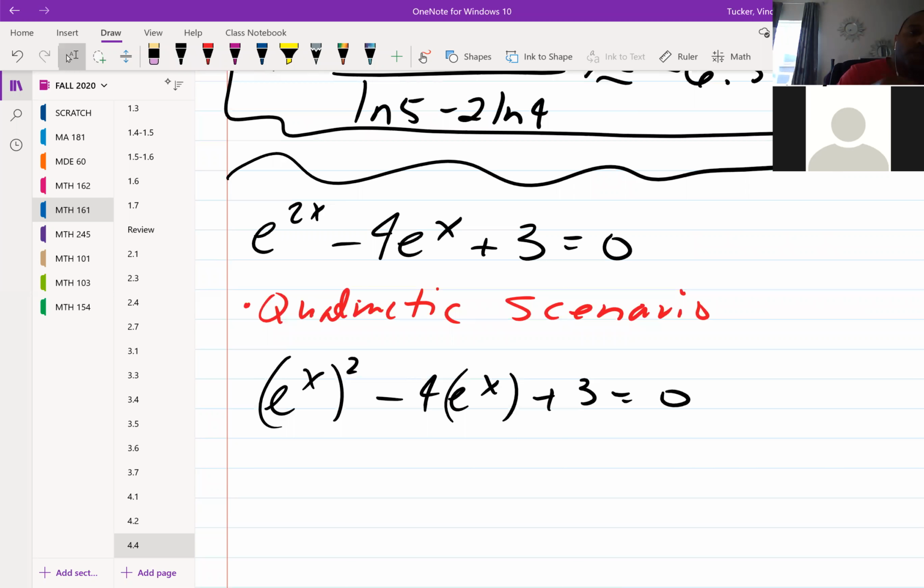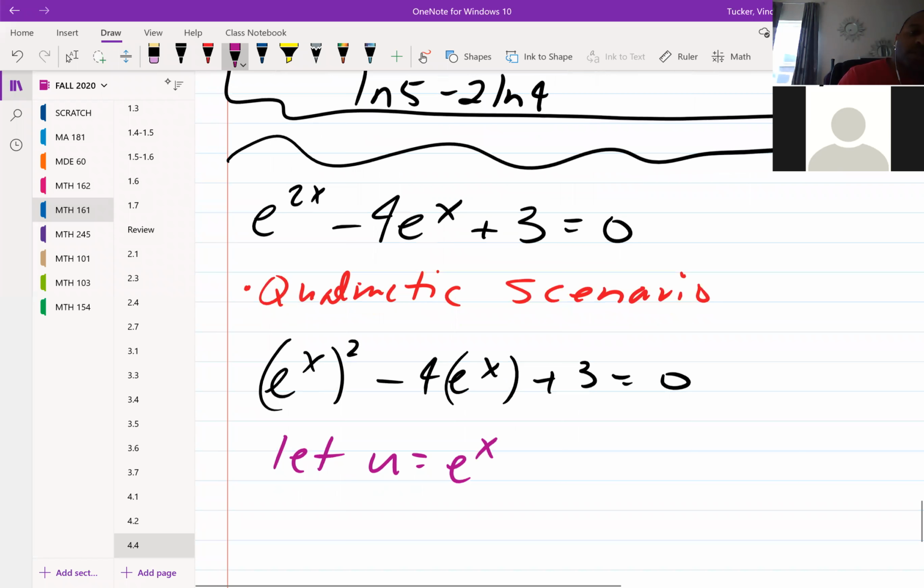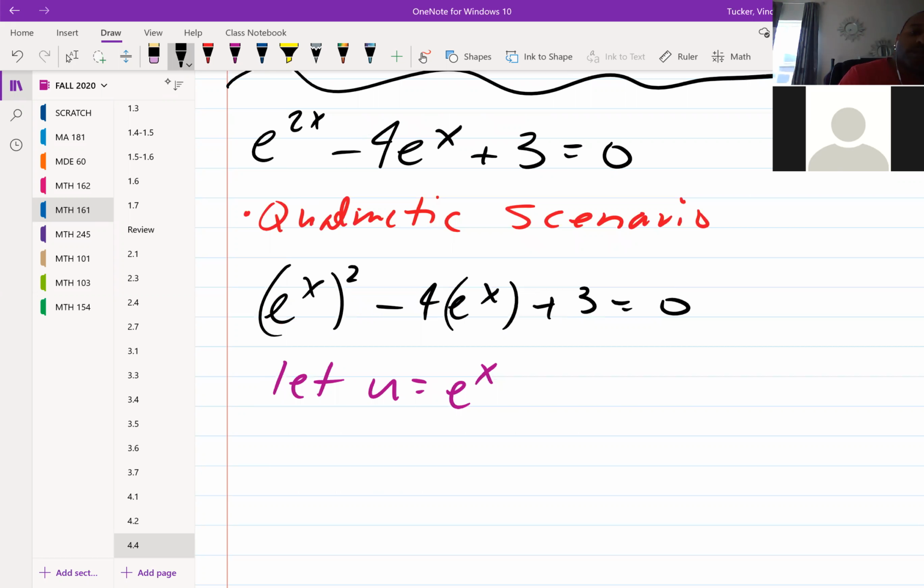And if you don't see the relationship, let's say if I let u be equal to e to the x, then this equation will look like this. You got u squared minus 4u plus 3 equal to 0. So you see we have an equation in quadratic form.